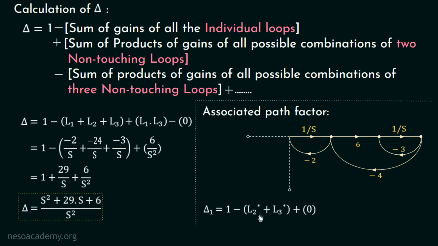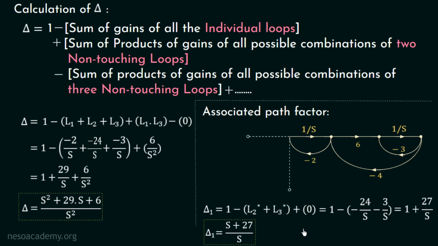The gain of L2 asterisk, or L2 star, is minus 24 over s, and the gain of L3 asterisk, or L3 star, is minus 3 over s. If we put these values in, we will have delta 1 equal to 1 minus of minus 24 over s minus 3 over s, which is equal to 1 plus 27 over s. If we take the LCM, we will have delta 1 equal to s plus 27 over s. And this is the associated path factor with respect to this forward path.